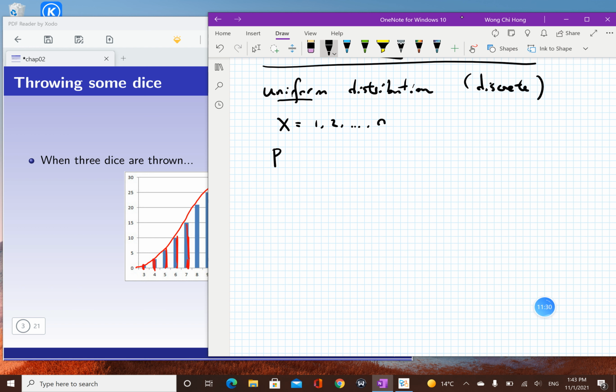The nice thing about the uniform distribution is the probability is the same for every value of x.